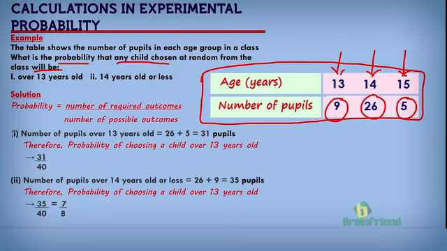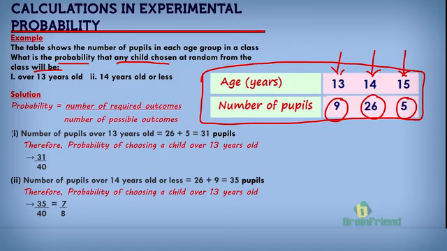First, let's remember our formula. Probability is what? Number of required outcomes over number of possible outcomes. Now, the number of pupils over 13 years old are all pupils that are 14 and all pupils that are 15. They are all older than 13. How many pupils are 14? 26 of them. How many of them are 15? 5 of them. So we have 26 plus 5, and that gives us what? 31.